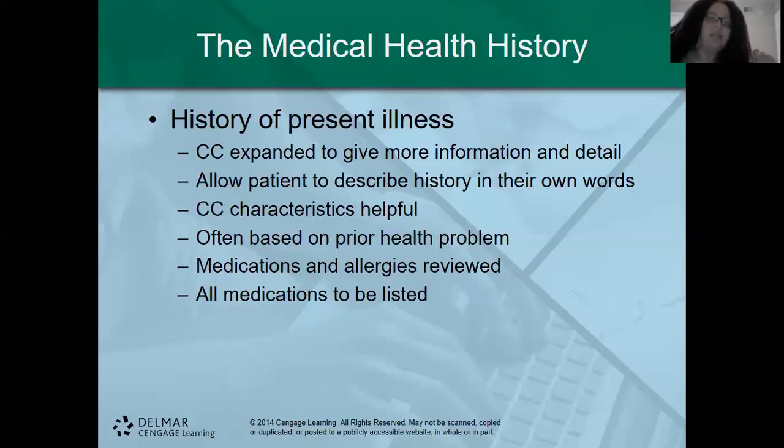The chief complaint characteristics are very helpful because they outline what's going on with the patient. Family history, because a lot of problems with the patient can be hereditary. Also, it's often based on a prior health problem. Also, the medication and allergies are reviewed.